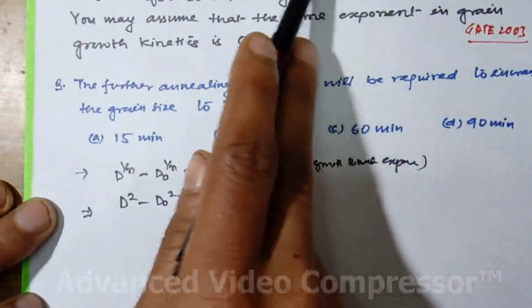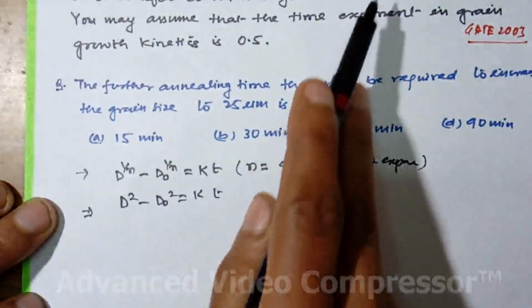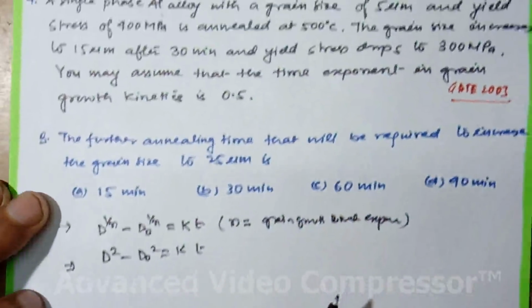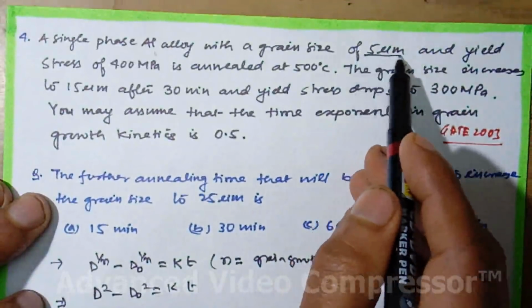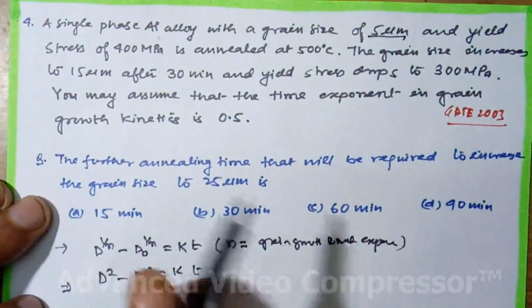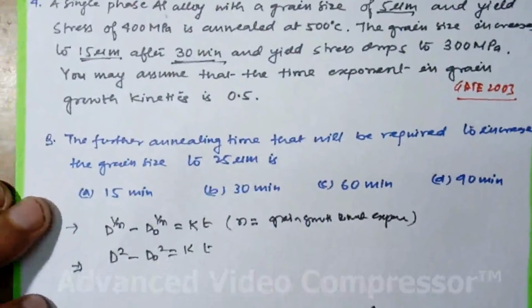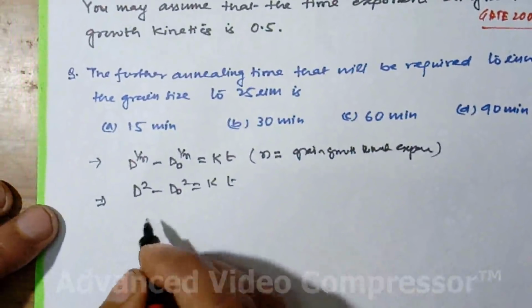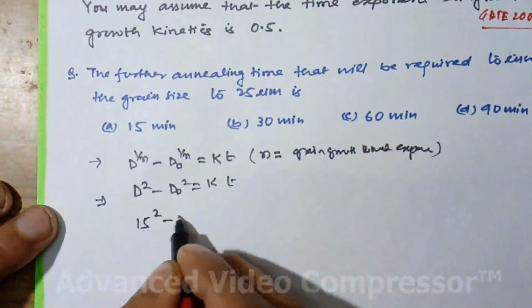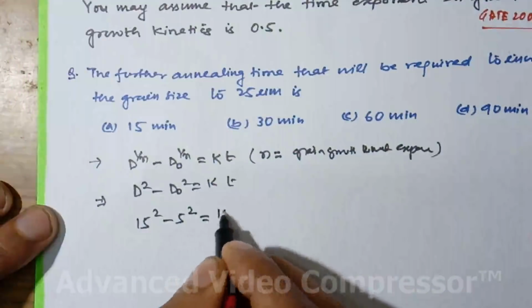So now putting the values which we have, in the first case grain size increases from 5 micrometer to 15 micrometer in 30 minutes. So 15 square minus 5 square is equal to k into 30 minutes.